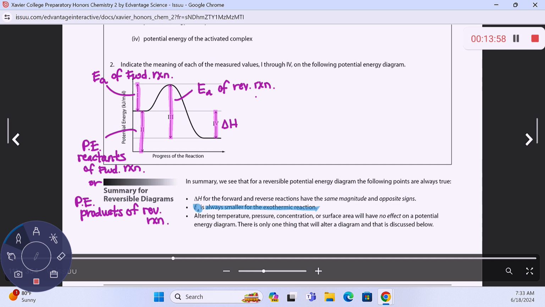So that means that this right here, this would be the activation energy of the forward reaction, which is exothermic. Do you see how small it is in comparison to the reverse reaction, which is endo? So that makes sense because it takes a lot more energy to get an endothermic reaction to go. Okay, let's take a look at the last page.